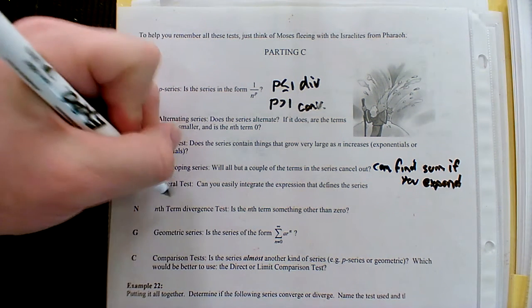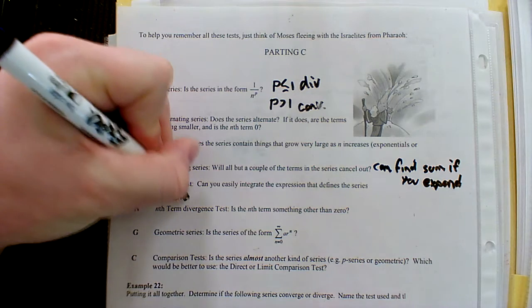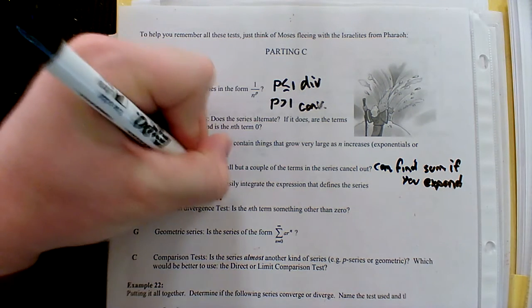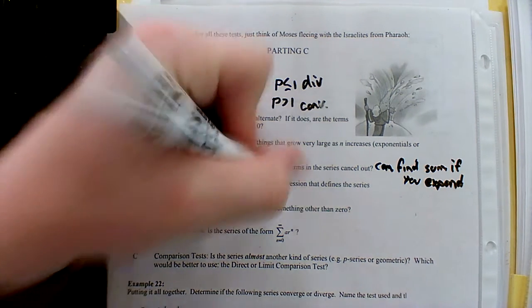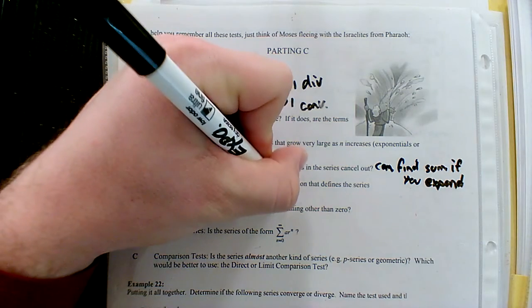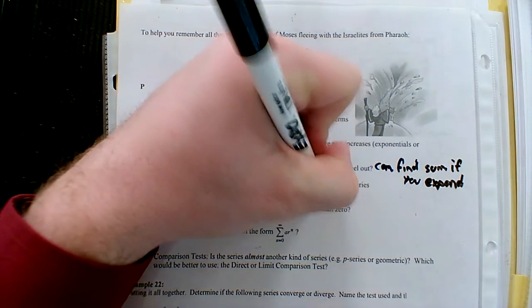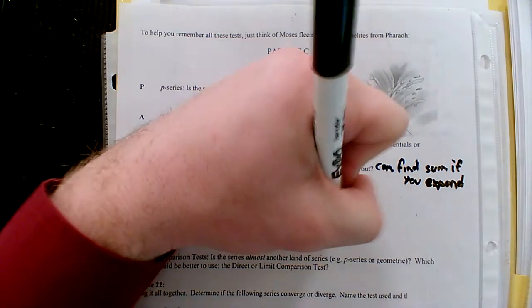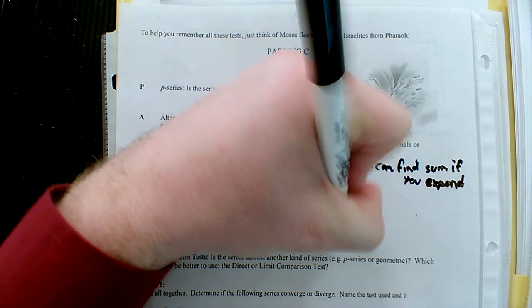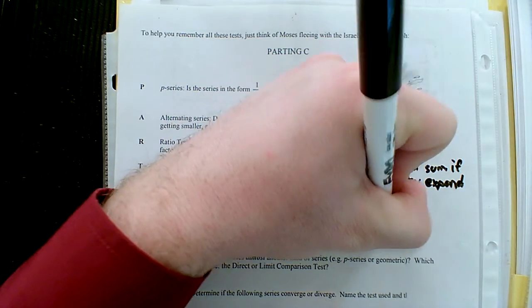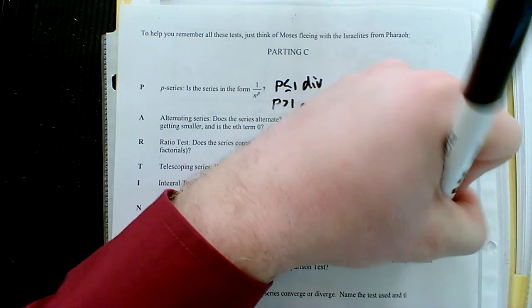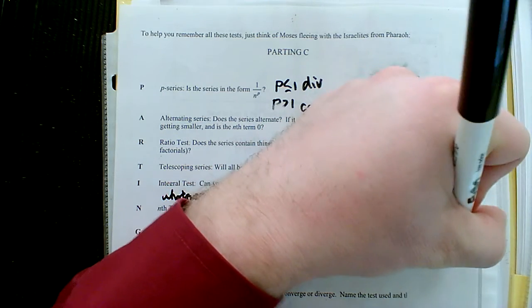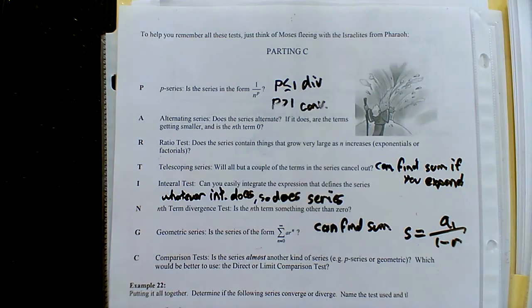The integral test, whatever integral does, so does series. For the geometric series, you can find the sum. That is S equals a1, your first term, over 1 minus r. So we used that a little bit ago.